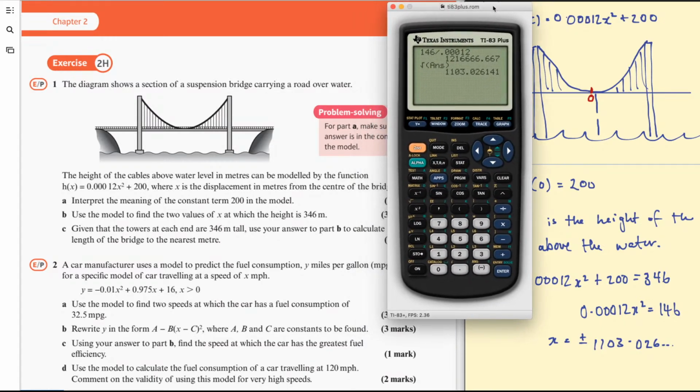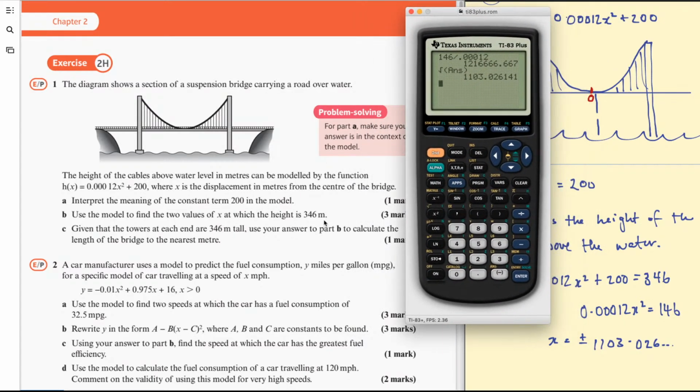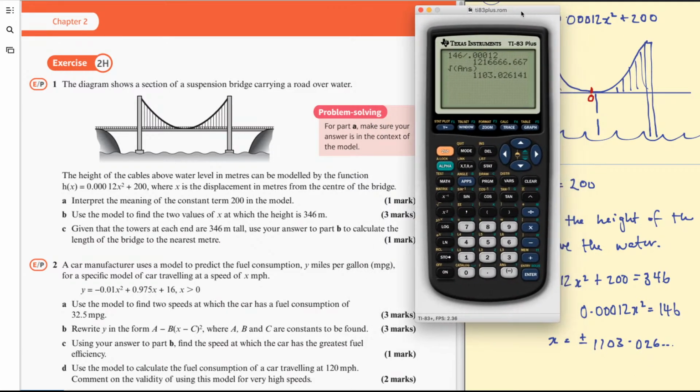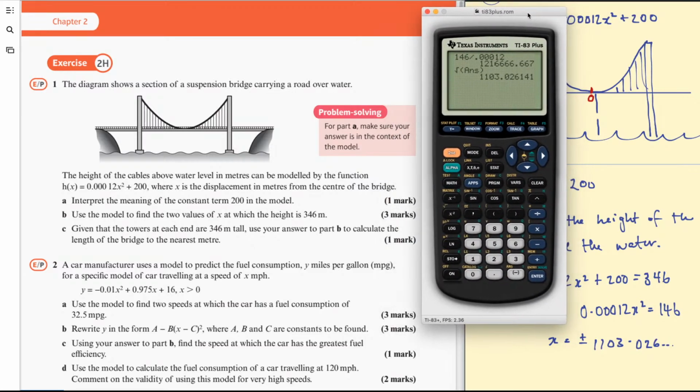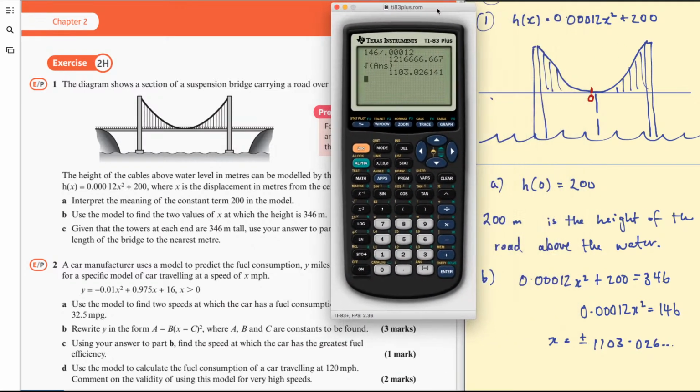It doesn't say what to round off to. So should we round off to 3 significant figures? But then what would this be? This would be 1100. I'm not sure actually.